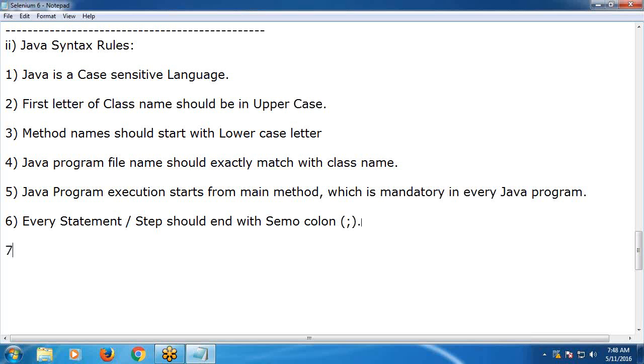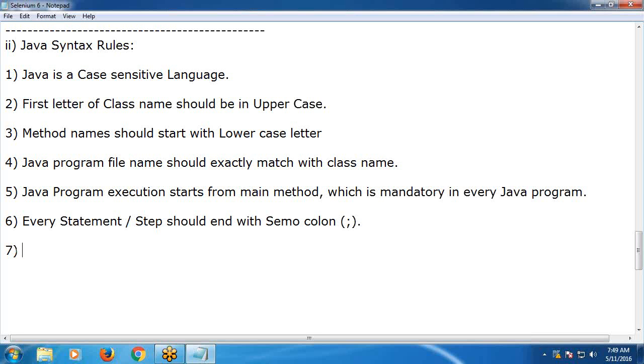Next, code blocks: condition blocks, if condition, or loop blocks, loop for, while, etc. Next, method blocks.